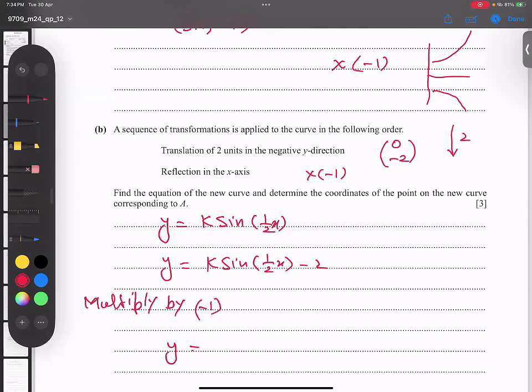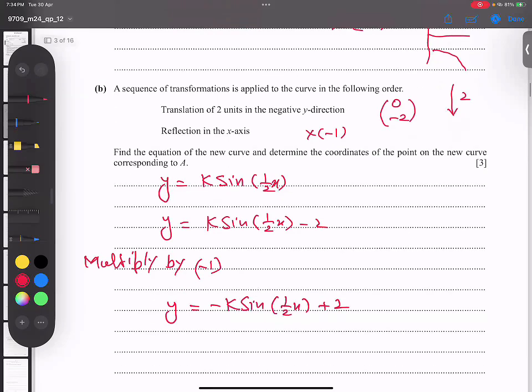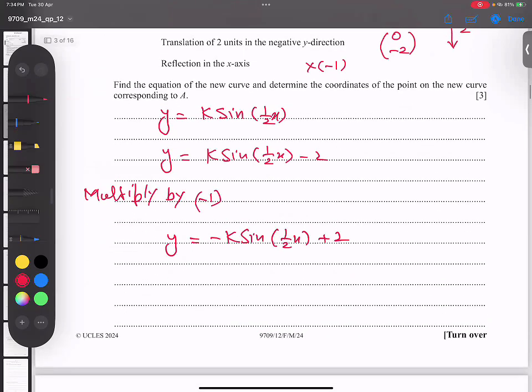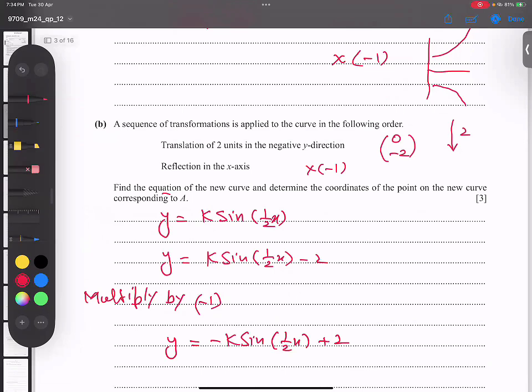So the new equation turned out to be -k sine half x plus 2. I believe you got the point. And he was asking what? Find the equation of the new curve, and determine the coordinates of the point on the new curve. So we need to find the A coordinates too.